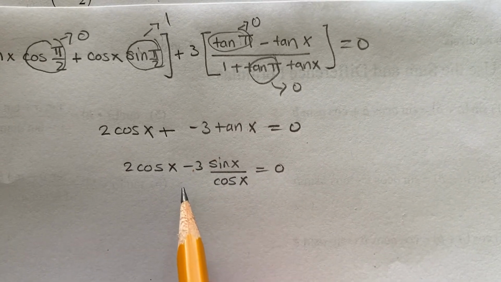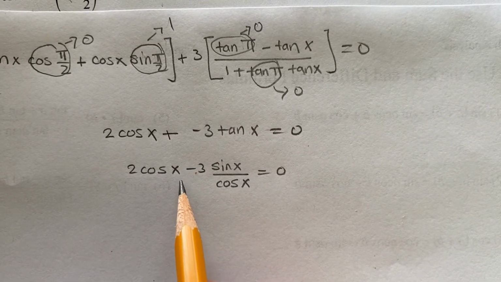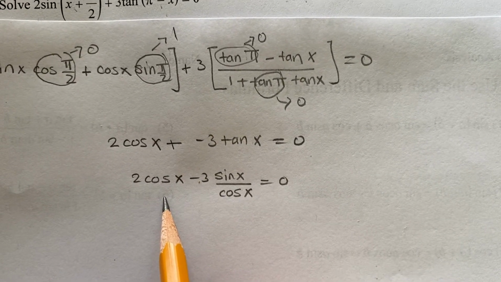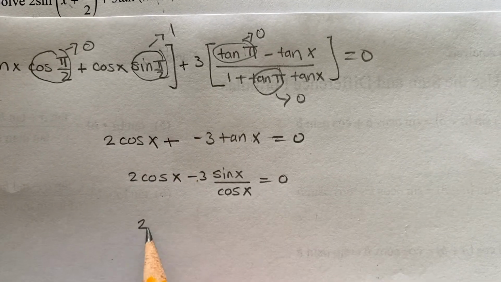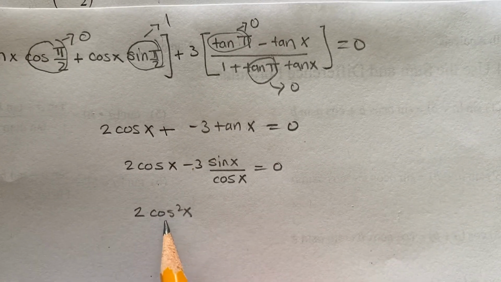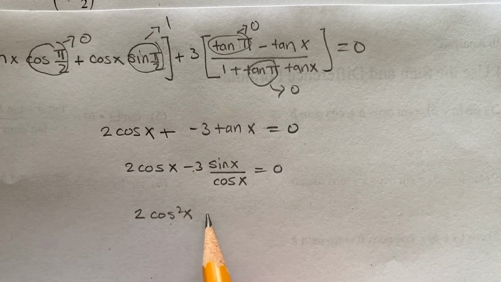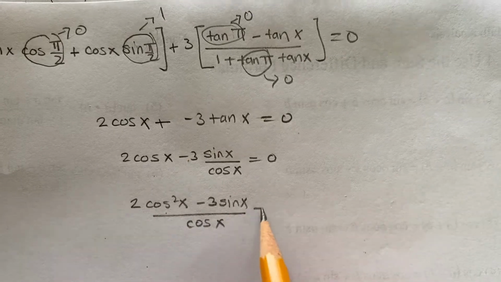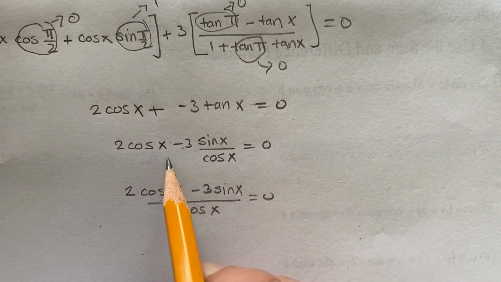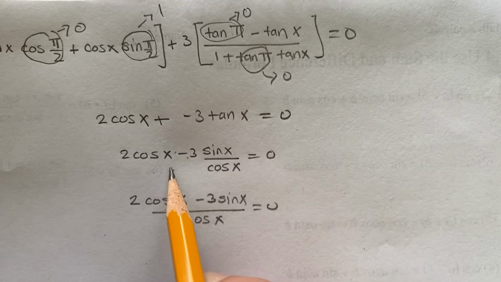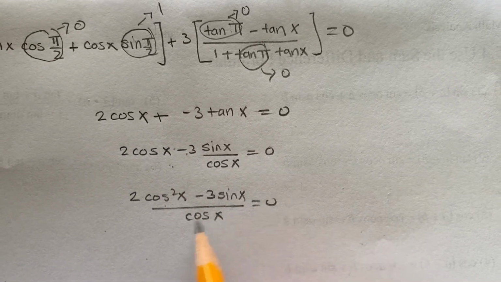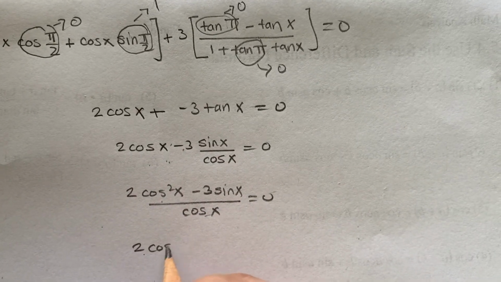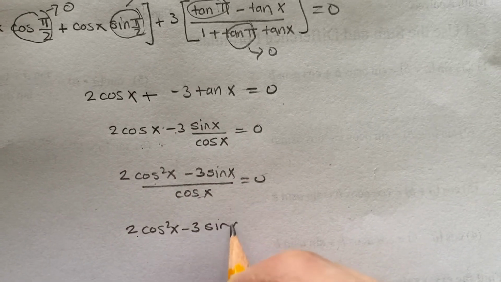And right now, if I multiply top and bottom by cosine x over cosine x, I'm going to get 2 cosine squared x over cosine x minus 3 sine x over cosine x. Okay, so all I did was combine these two. If I multiply this guy by cosine x over cosine x, I would get cosine squared x over cosine x. And if you do a little cross multiplication, these terms will cancel out. So you're left with 2 cosine squared x minus 3 sine x is equal to 0.